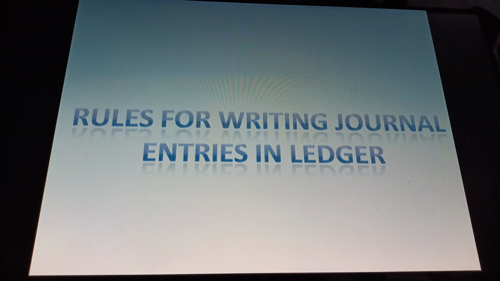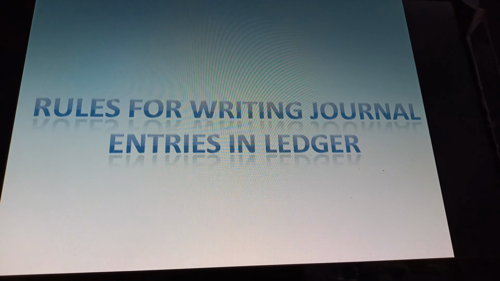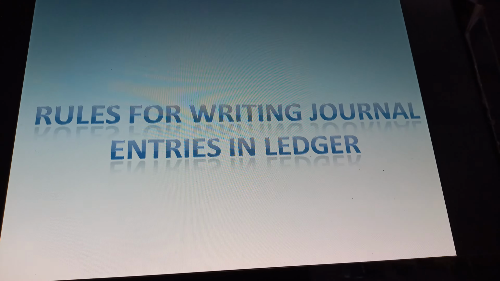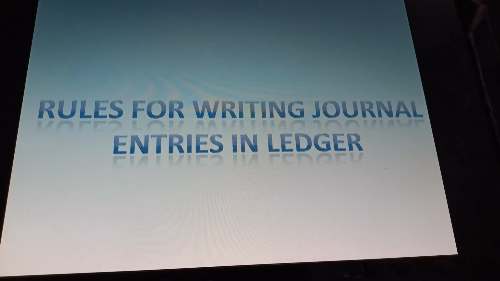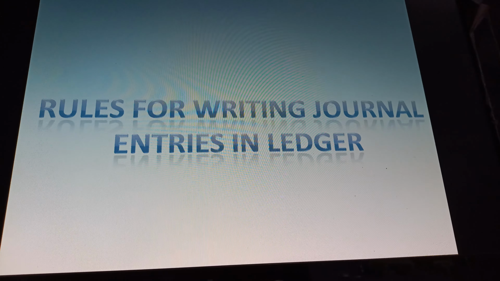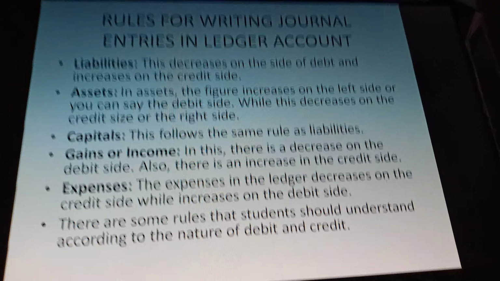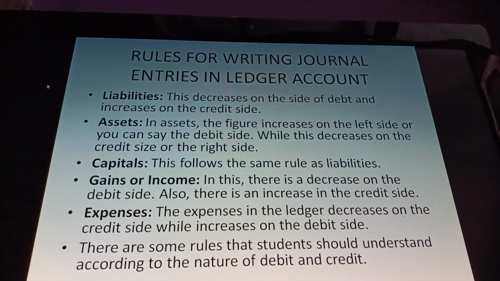Okay, now what are the rules for writing journal entries into the ledger? As I have already mentioned, we need to transfer the journal entries into the ledger. There are some rules and regulations we need to follow, so I will explain them point-wise. So these are the rules for writing entries in the ledger.